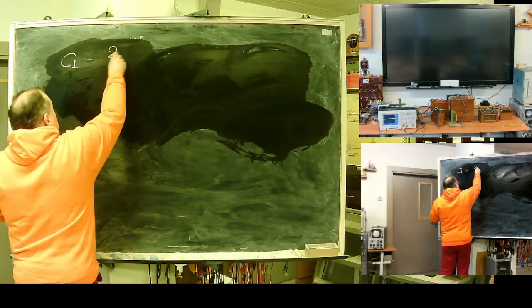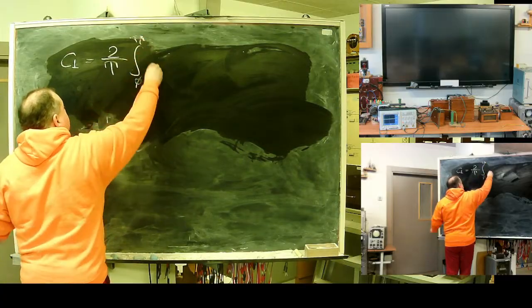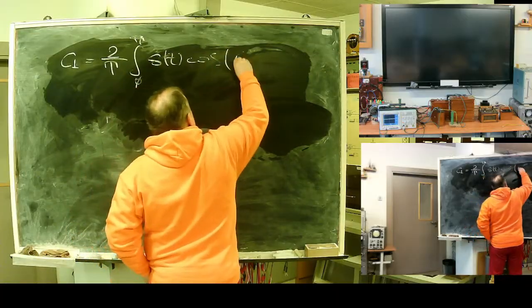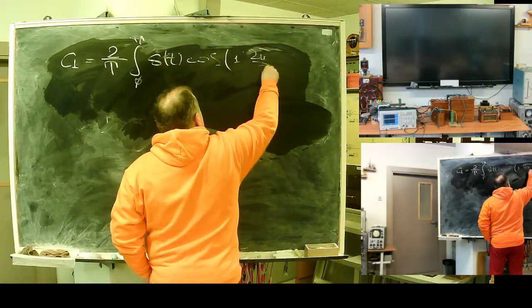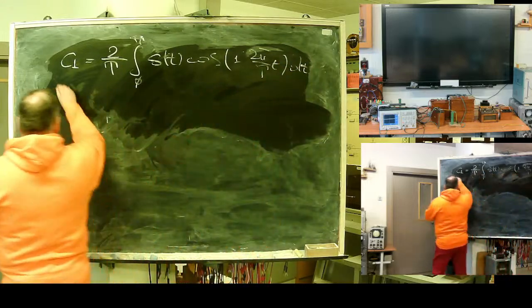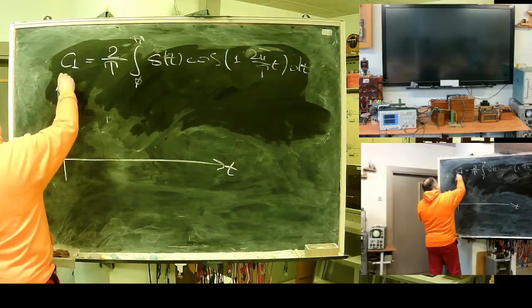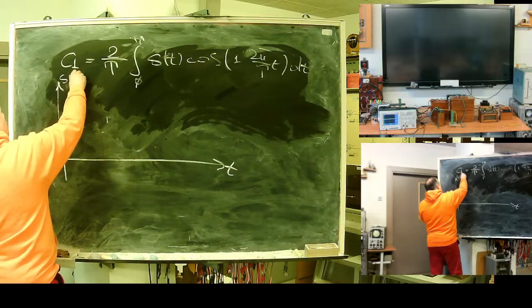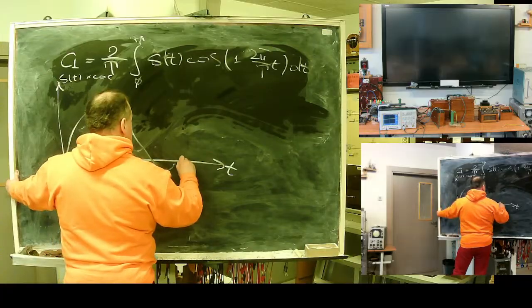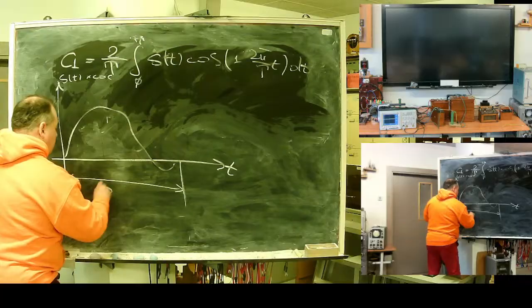It will be 2 divided by T, integral from 0 to T, of the signal multiplied by cosine. I don't know, maybe something like this within one period.